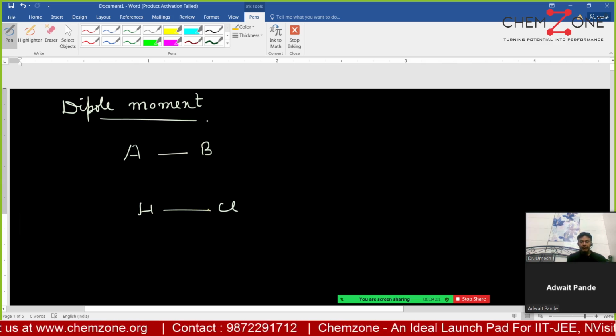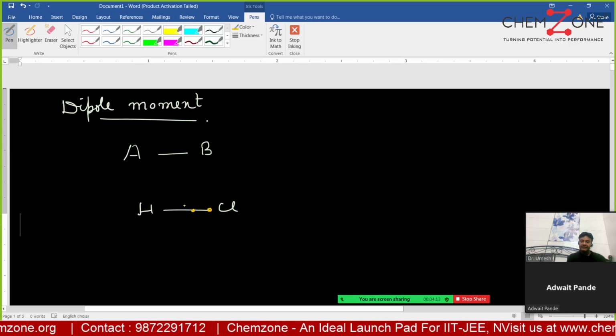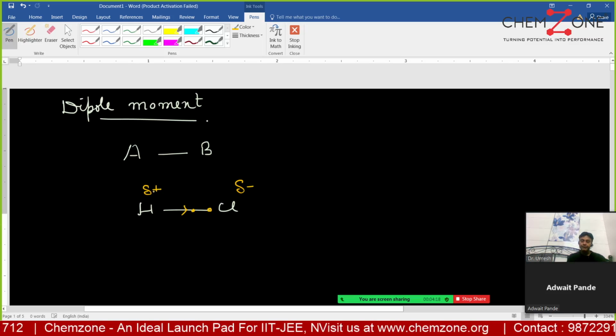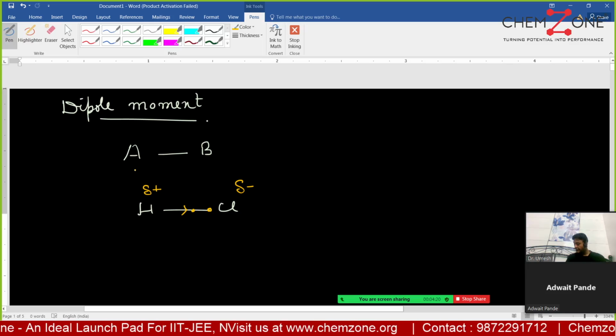So that will be pulling the electron cloud towards itself, and it will acquire a partial negative charge, and the other will acquire a partial positive charge. Right?